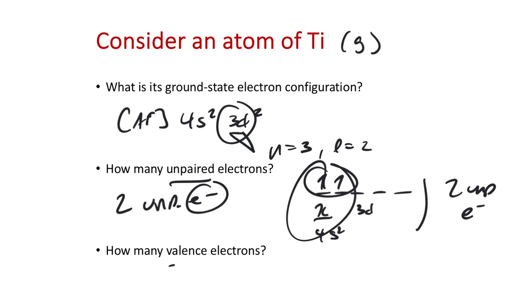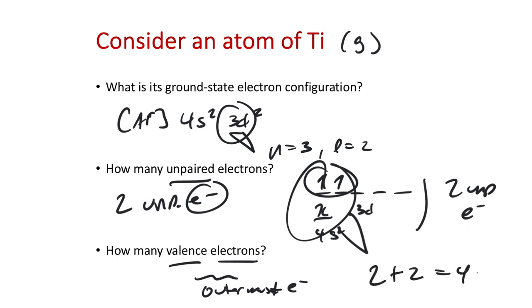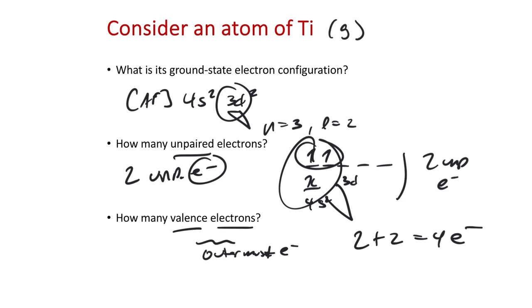How many valence electrons? Valence electrons, we tend to think of these as being the outermost electrons. It's actually a complicated process because we tend to think of it as the outermost or the most important electrons to understand for the atom. And it's going to be these 2 electrons added together with those 2 for 4 total electrons. So how do we come up with a rule for valence electrons that makes sense?